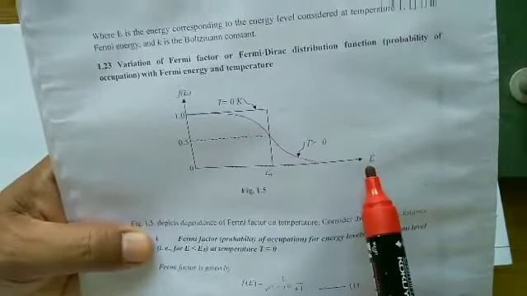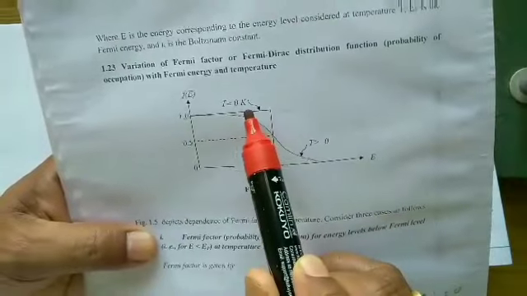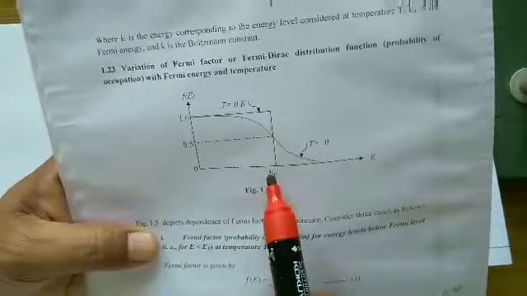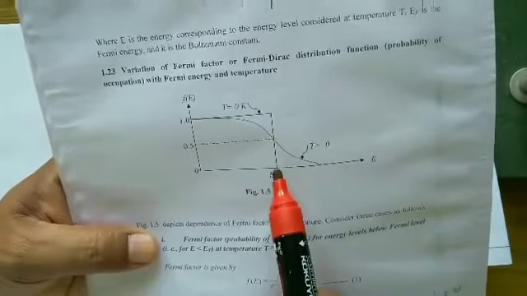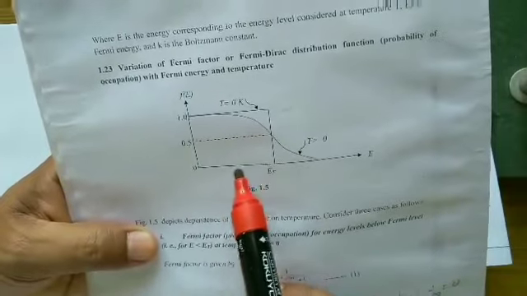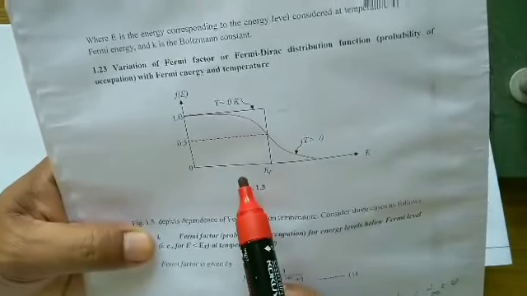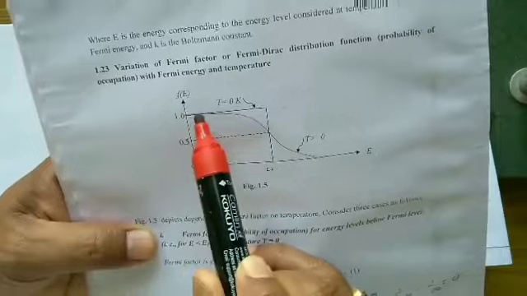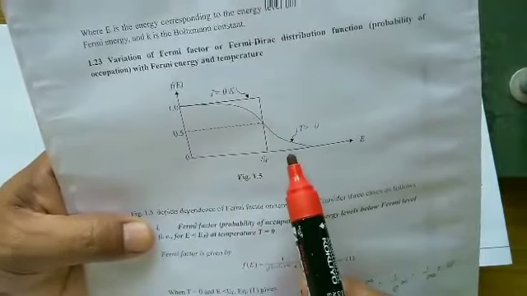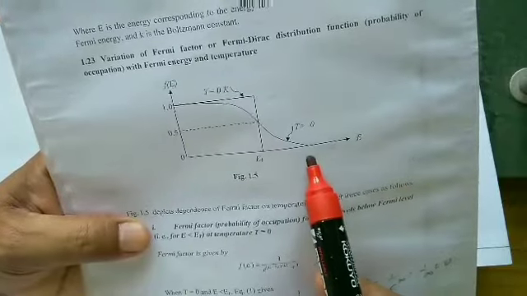At temperature equal to 0 degree Kelvin, since this point corresponds to EF, for all values of E smaller than EF, the probability of occupation is 100%. Whereas for all energy values higher than EF, the probability of occupation is 0.